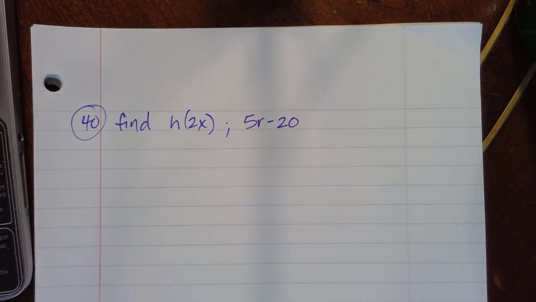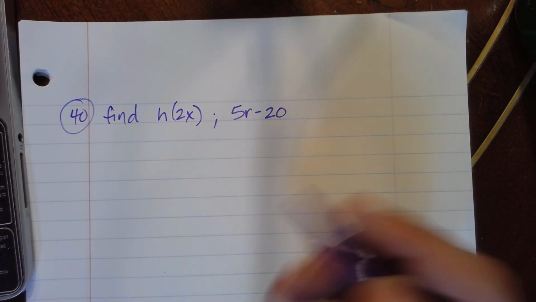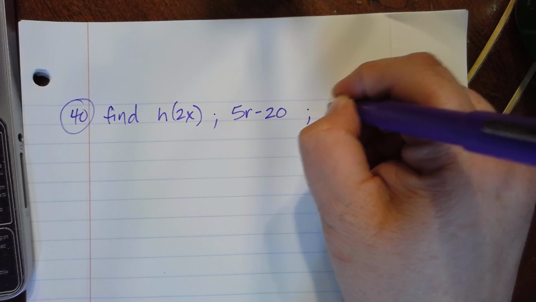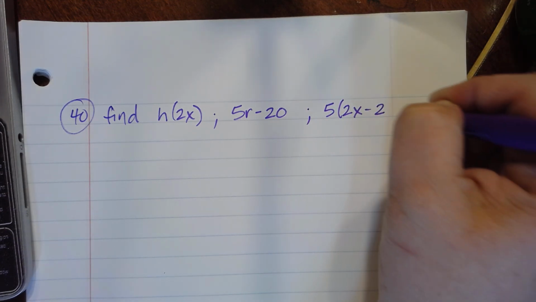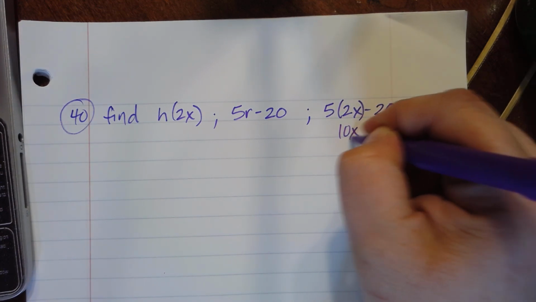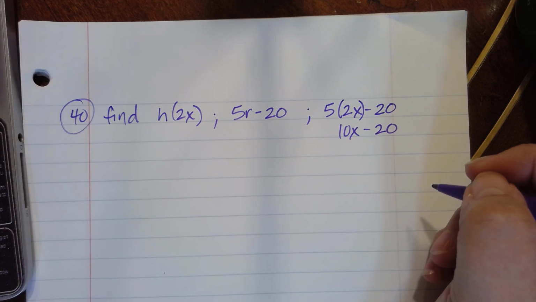Okay? So what we need to do is throw 2x in for r. So I'm going to say 5 times 2x minus 20. That will be 10x minus 20. That should be our answer.